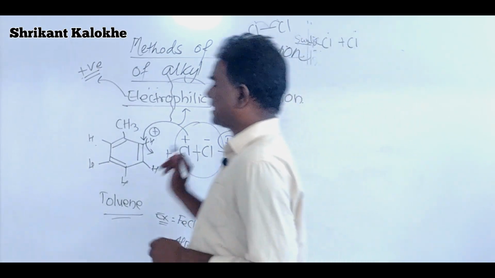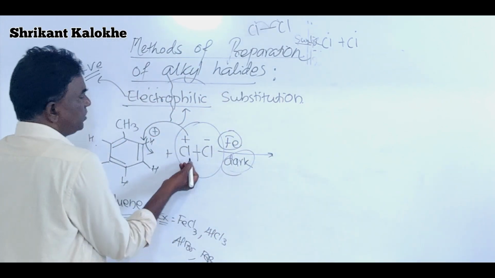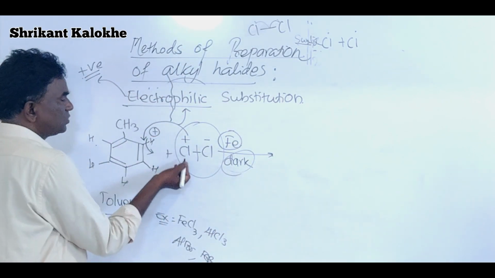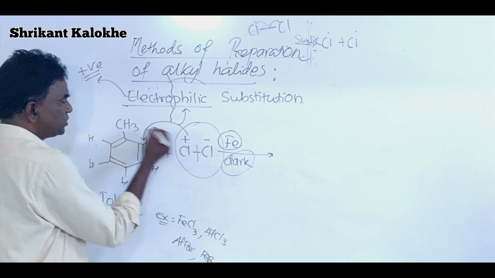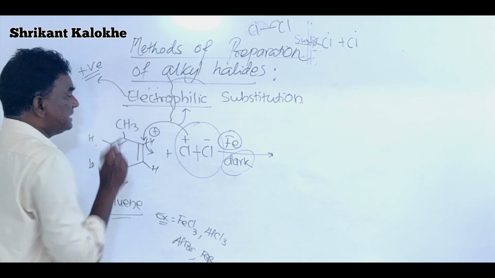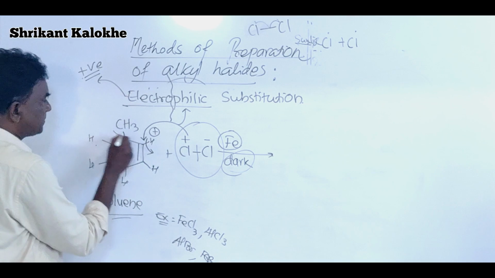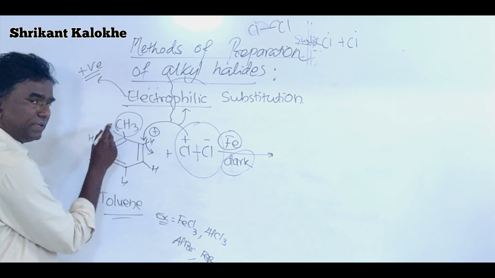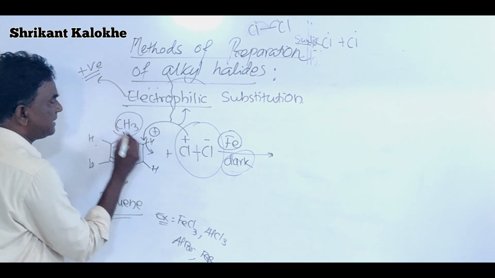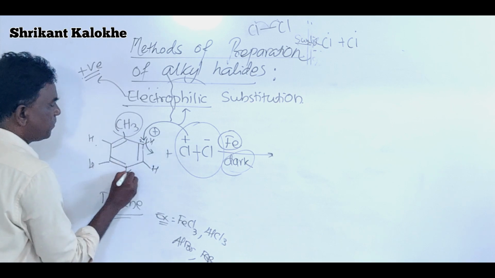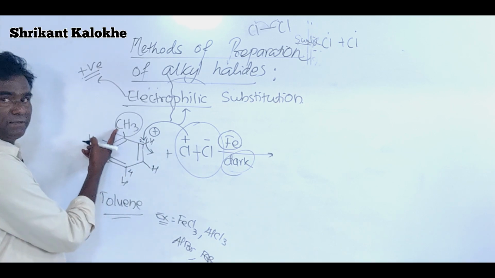What happens in this case? This one chlorine which is going to be substituted at the place of this hydrogen, that takes place for this monosubstituted benzene ring on which there is one methyl group. That substitution only takes place at 2 and 4 position with respect to this methyl group.